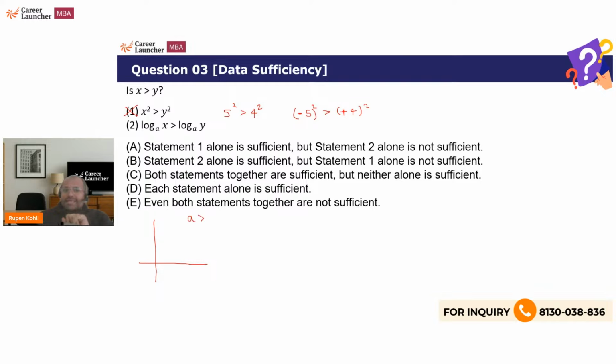If your base a is more than 1, this is the graph of log, which is always increasing. If your base is between 0 and 1, then your graph is always a decreasing curve.